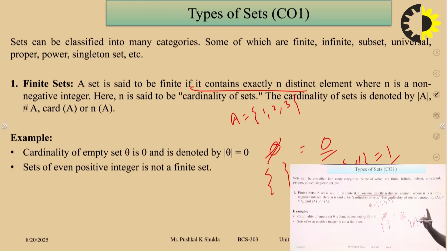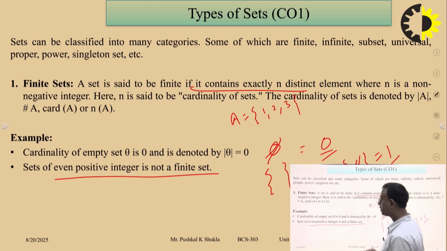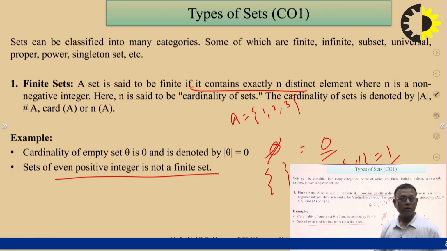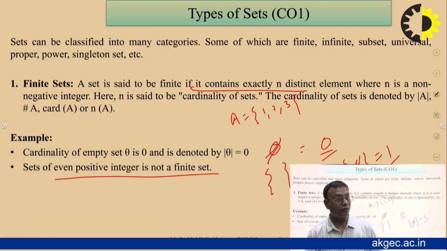That is, this is the case of the singleton set. The set of even positive integers is not a finite set, it is countably infinite, because we cannot map a one-to-one correspondence with the natural numbers. That's why it's not finite.